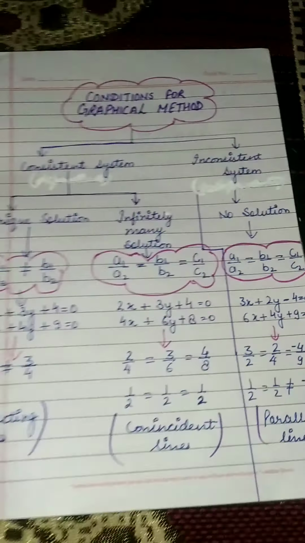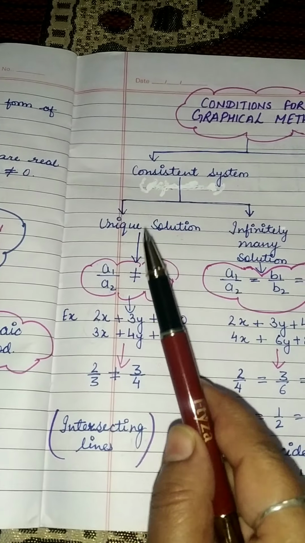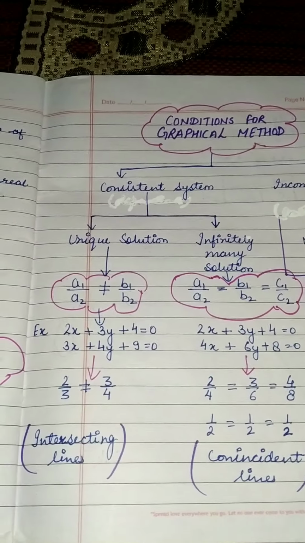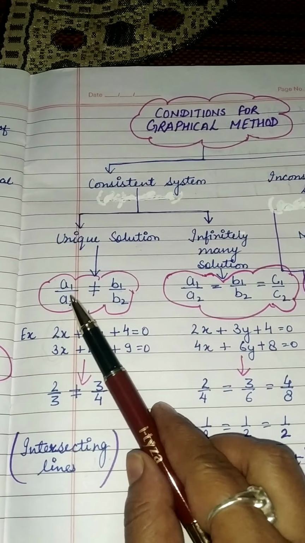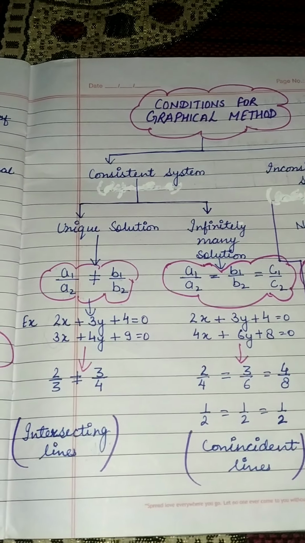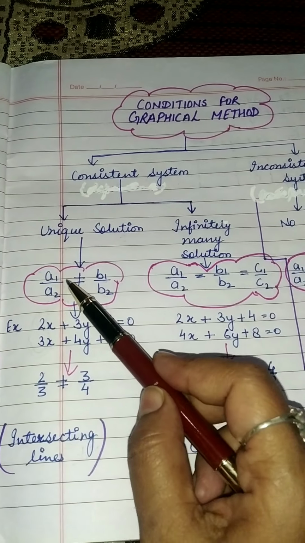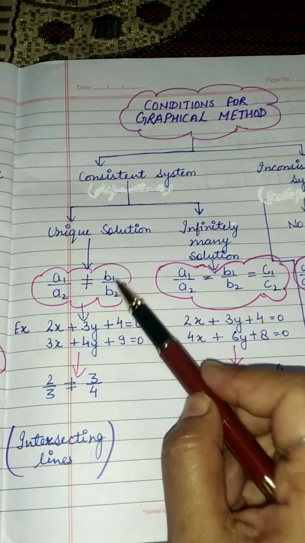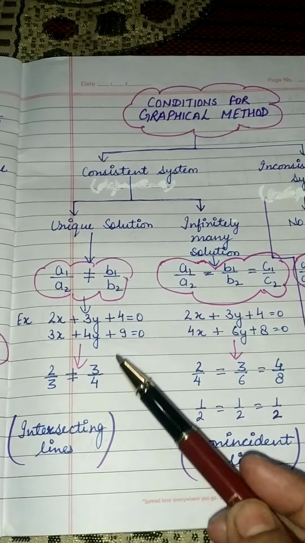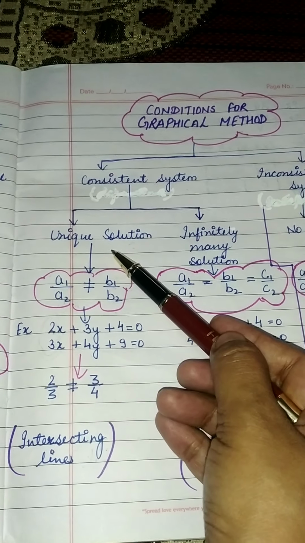Now, suppose you are given two equations. How will you know that it has a unique solution? You will find out the ratios: ratio of a1, a2, ratio of b1, b2, ratio of c1, c2. Then you will check whether a1 upon a2 is not equal to b1 upon b2. If this condition holds, it means it has a unique solution.